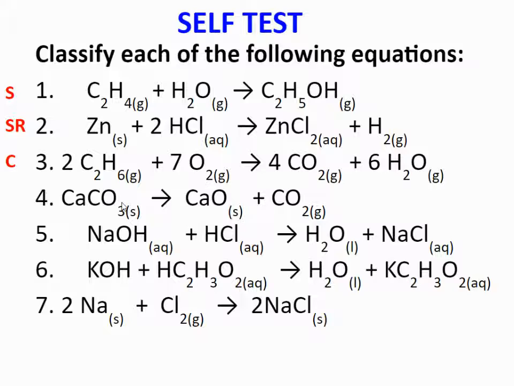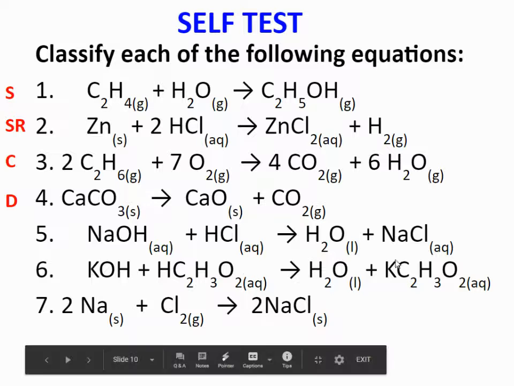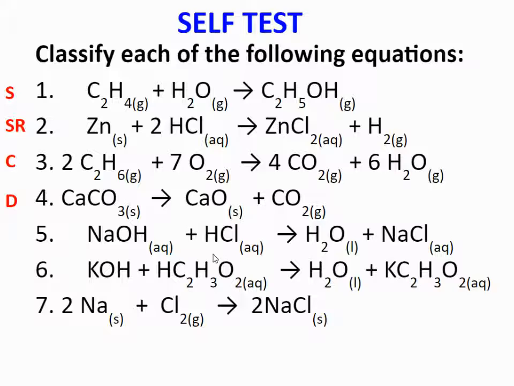Now we only have one reactant, so it's decomposition. That's simple. NaOH plus HCl equals H2O and NaCl. For one thing, this is an acid combining with a base because we have the aqueous, because they're dissolved in water.